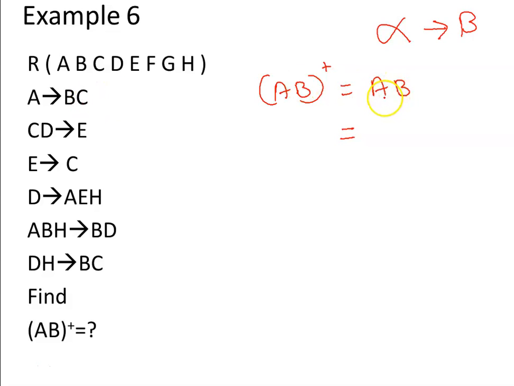We have A, so AB gives you ABC. Anything more that we can find? CD: we have only C, E is not appearing, D is also not appearing. ABH: we have A, B, but H is not there. DH: both attributes are not there. So the closure on AB is A, B and C.